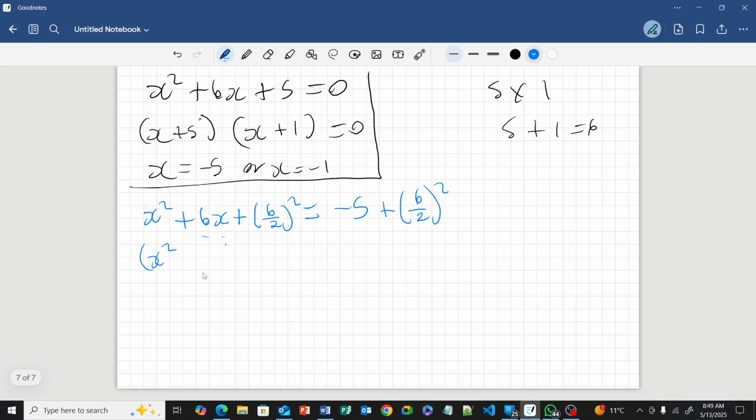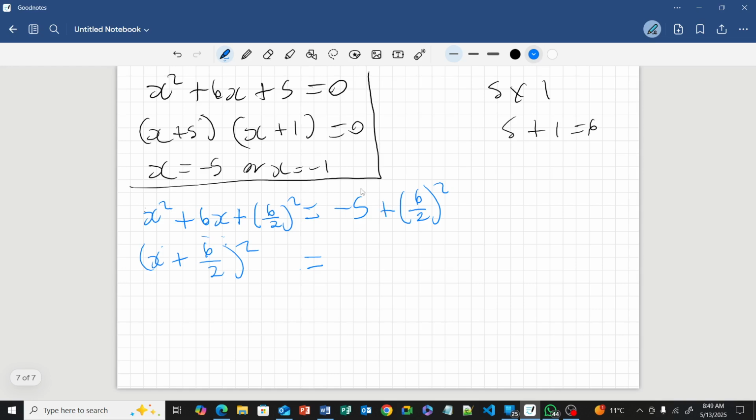So if I were to factorize this, I am supposed to get x plus 6 over 2 squared, which is equal to, whatever is on that side, you need to press it on a calculator.